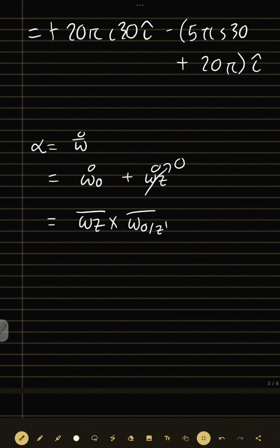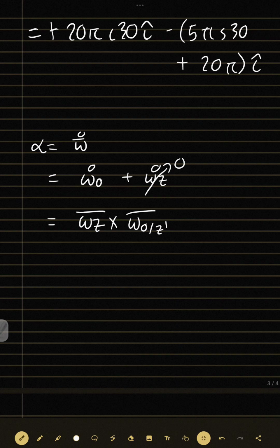In that diagram this was omega and this was r, so dr dt was omega cross r. Similarly d omega naught dt will be this omega cross this. So what is the upper vertical omega, cross this. So it is omega cross. Is this clear? Now you find the angular acceleration.